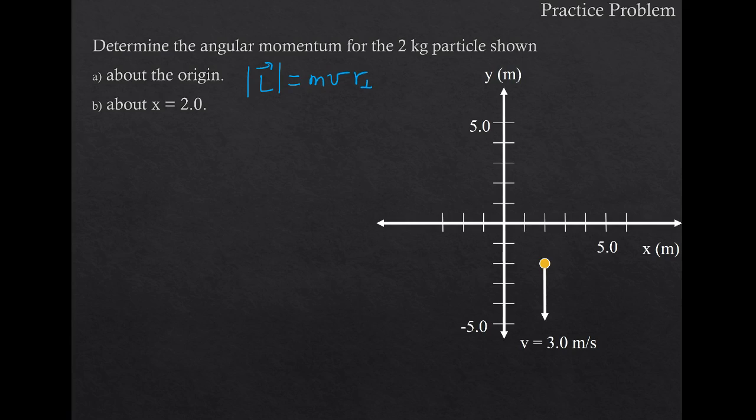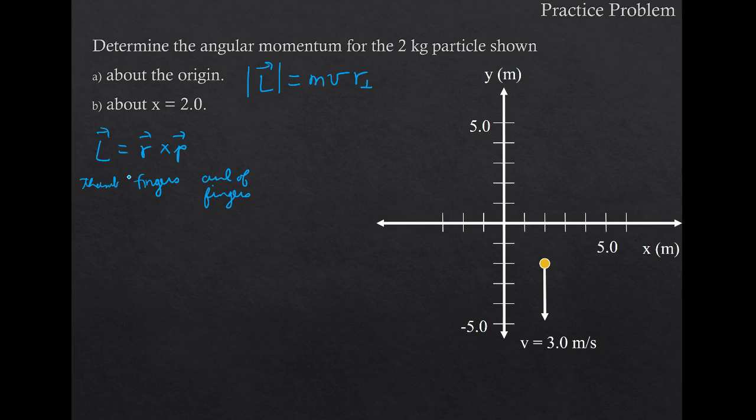So first of all, we have that L is equal to R cross P. Okay? And we said already that R is our pointer finger, P is the curl of our fingers, and L is our thumb.